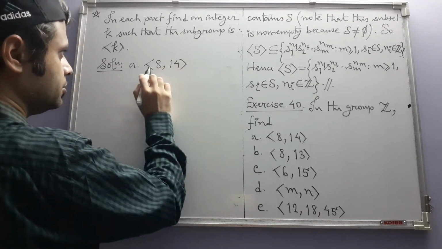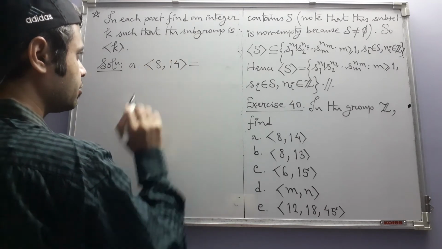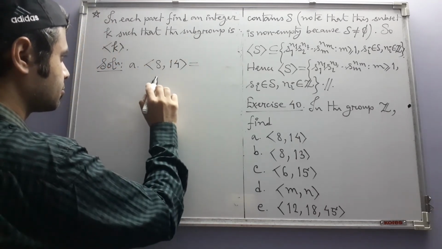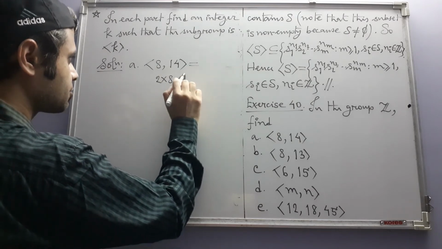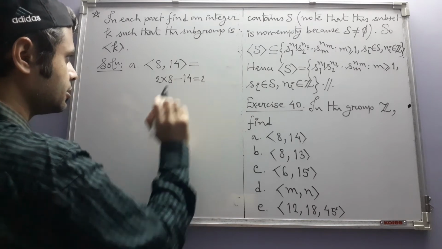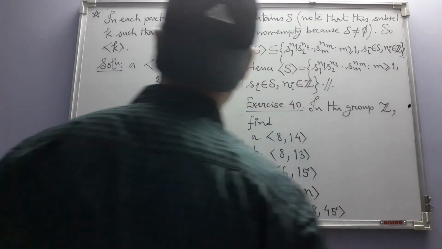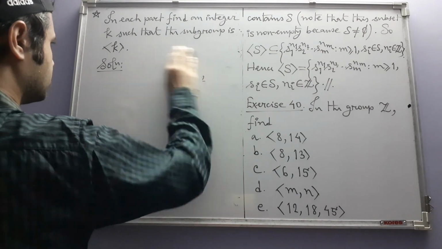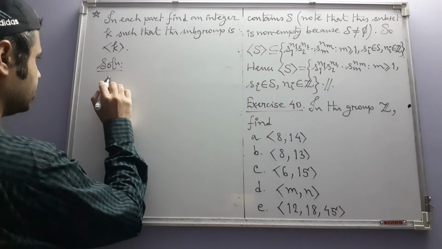The subgroup generated by 8 and 14 will contain 2 times 8 minus 14, that is equal to 2. Or in fact, I think I should write some things. Let's not just leave things like this all the time.